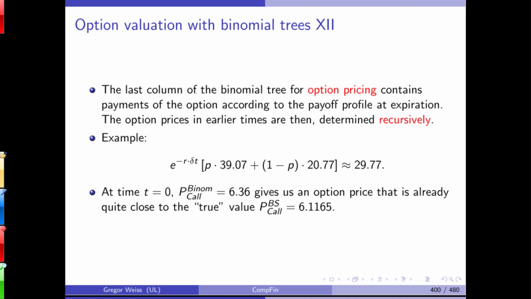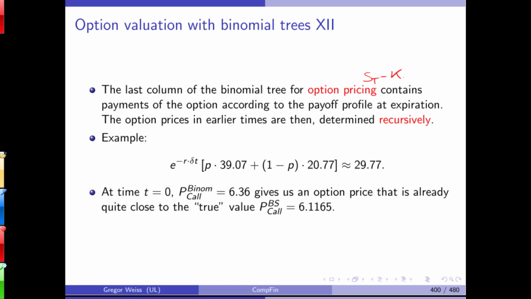And the last column of the binomial tree contains payments of the option according to the payoff profile at expiration. We've seen this, ST minus K, the strike. And the option prices at earlier times can then be calculated recursively.